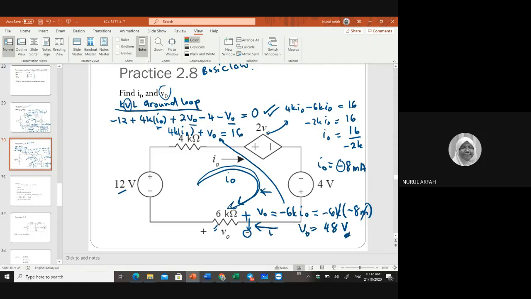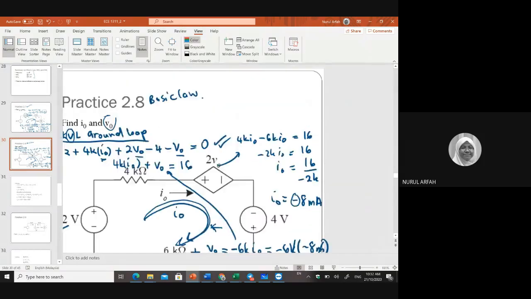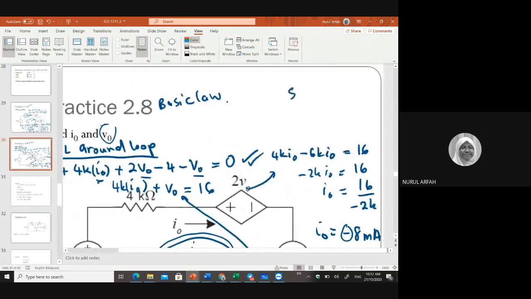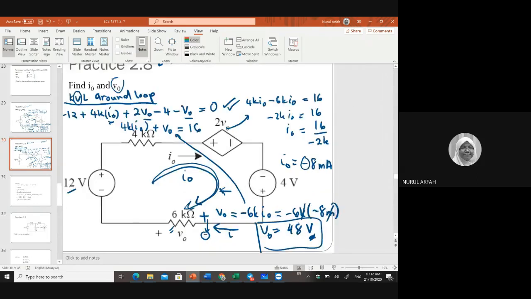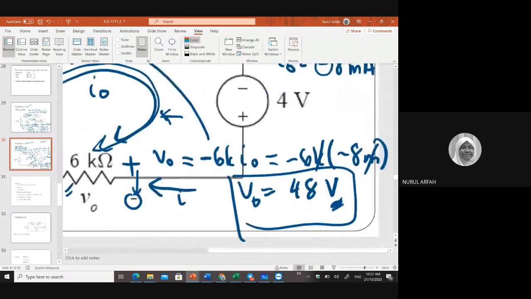My intention is to give you guys an assignment and also a quiz, not MCQ, maybe subjective. Subjective means there's a question and then you're going to calculate something and write down the answer like this. But please write down the value and also the unit. If you have a prefix, then write down the prefix.